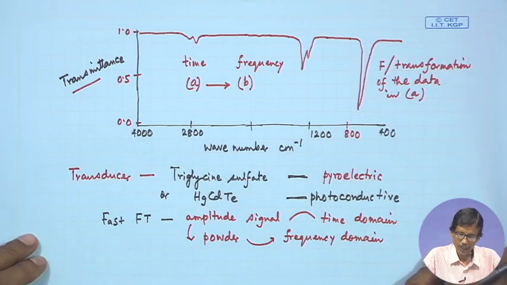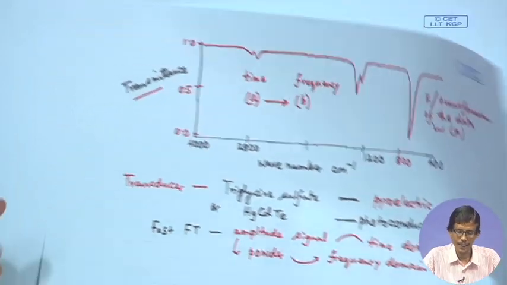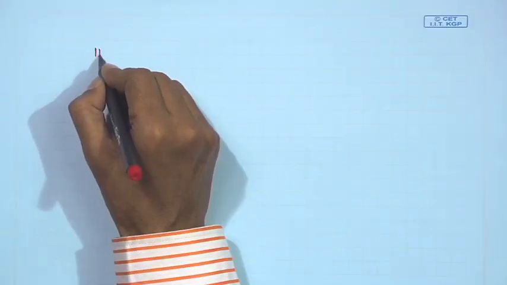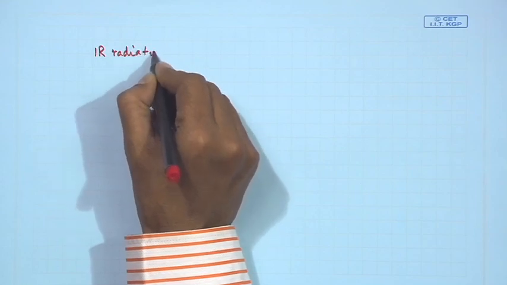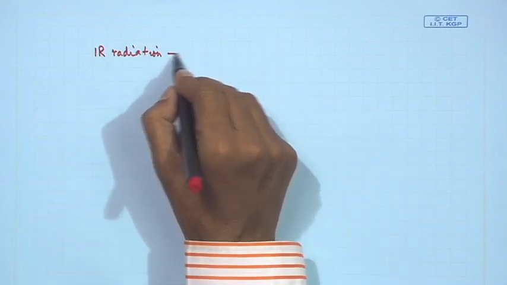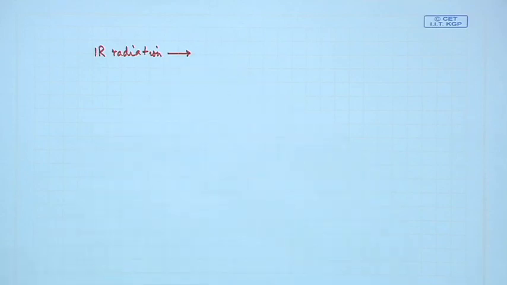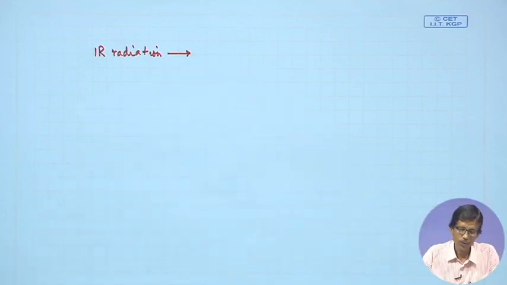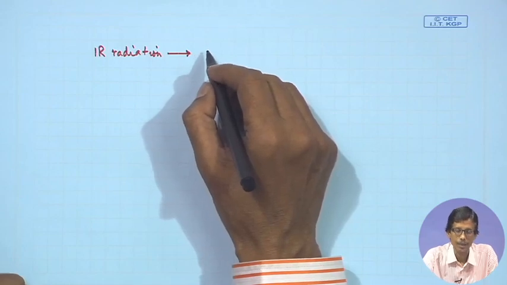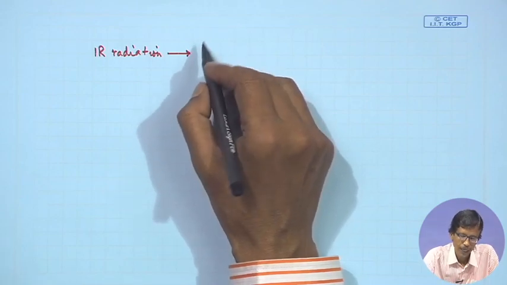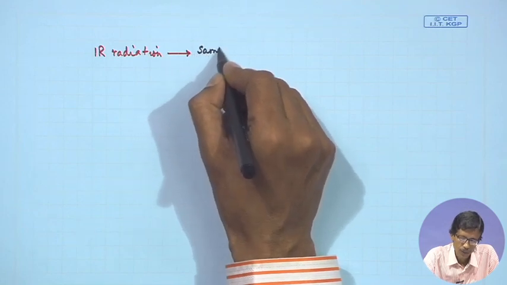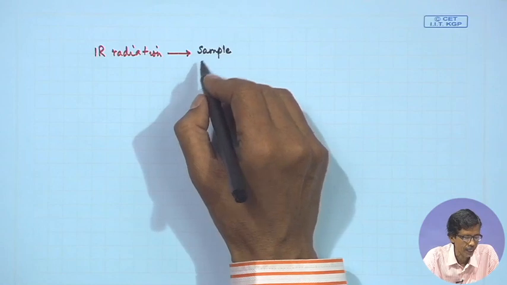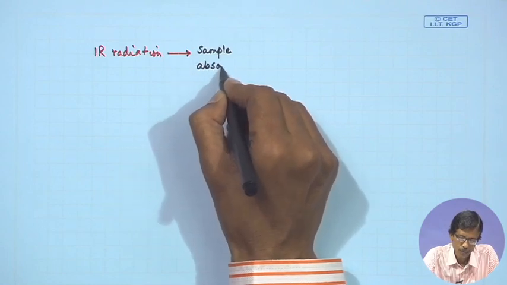That is why we see how the IR radiation behaves when it falls on the sample. We have the typical IR source or IR radiation, which is falling on our sample. Due to molecular vibration, that means bond stretching, bond bending and bond rocking, the sample exposed to the IR radiation will absorb.